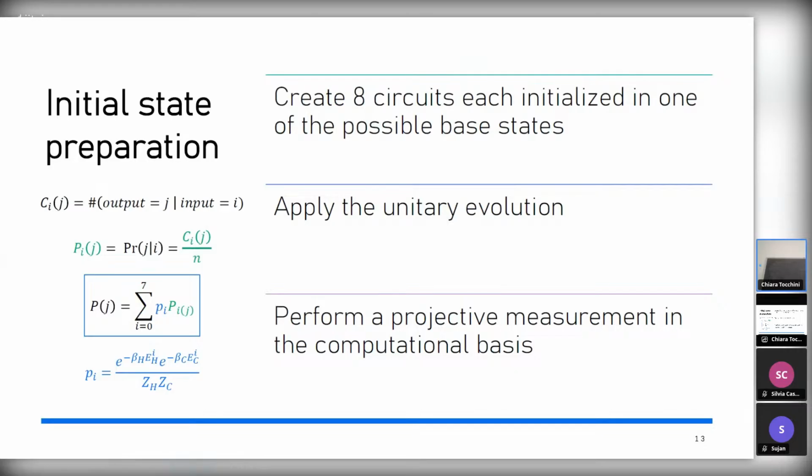No, I prepare on 0, 0, 0, 0, 1, 0, 0, 1, and so on with all 8 states. Then I apply the unitary circuit to each of them, measure, and I obtain the counts. Then I normalize by the number of measurements and multiply by the Gibbs weight.